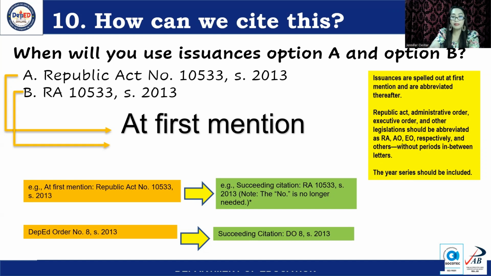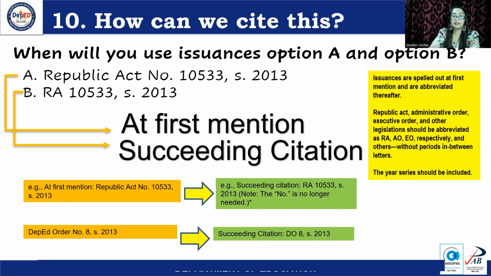And on the second mention, or the succeeding citation, we just make it RA for Republic Act, then we no longer write the word number. So at first mention, Republic Act number 10533 series of 2013. Succeeding citation, RA 10533 series of 2013, and number is no longer needed.